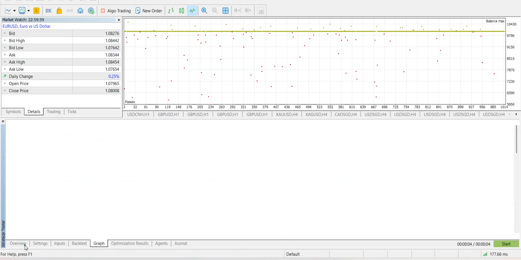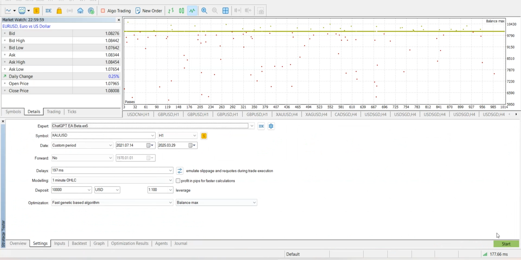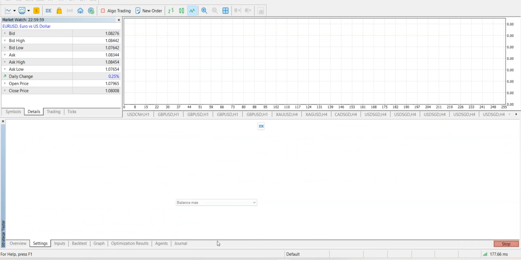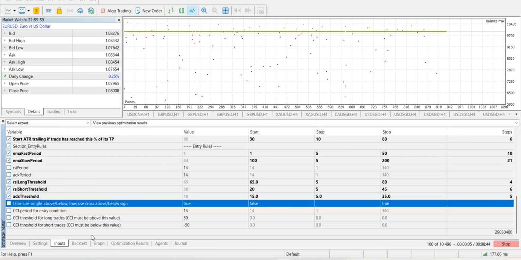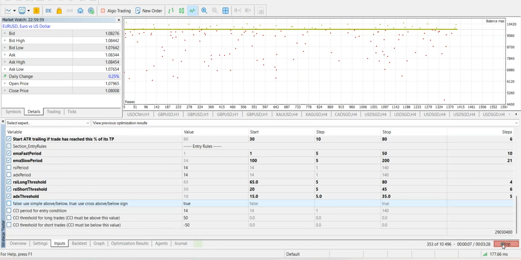Yeah, so now I am going to just check what is happening if I am doing an optimization.